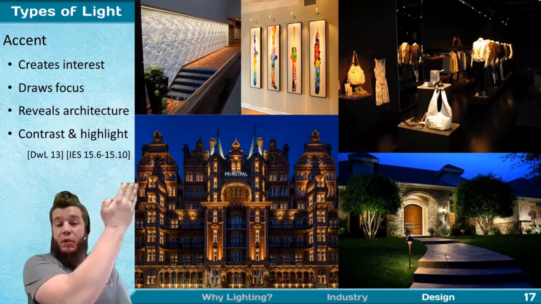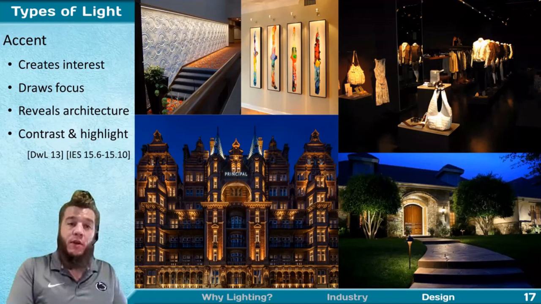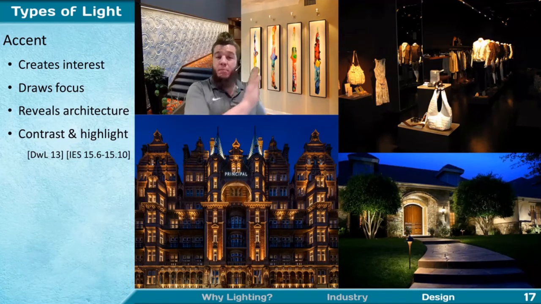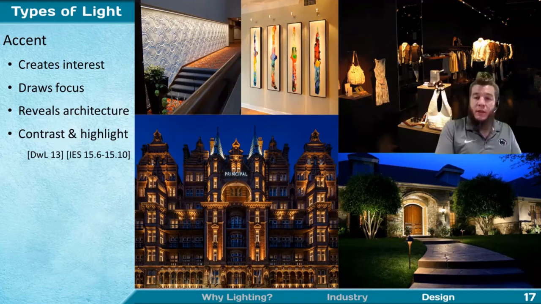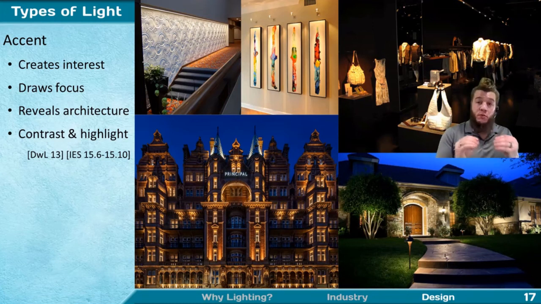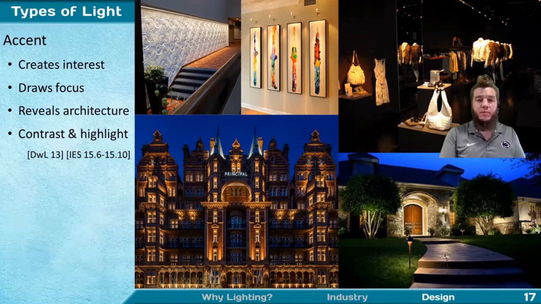For example, up here, you can draw focus onto the artwork by making that the brightest part of this wall. You can also do that in retail environments. So you can draw focus to the products or to points of interest deeper within the space to guide and direct your customers' attention.